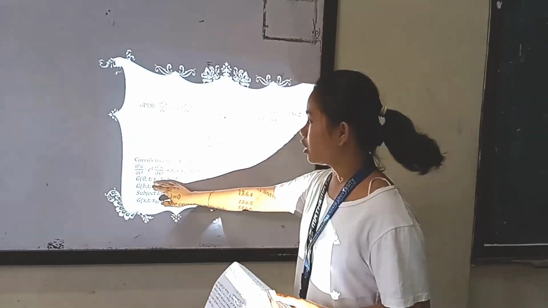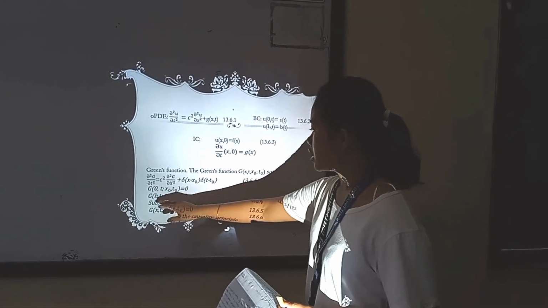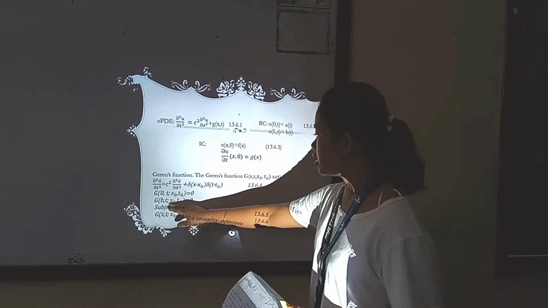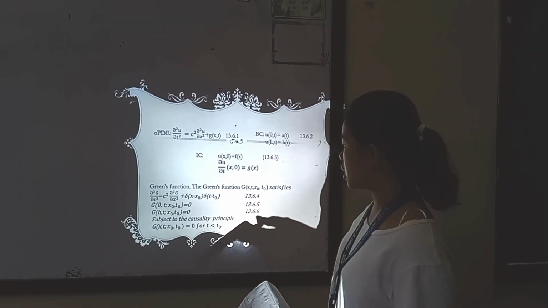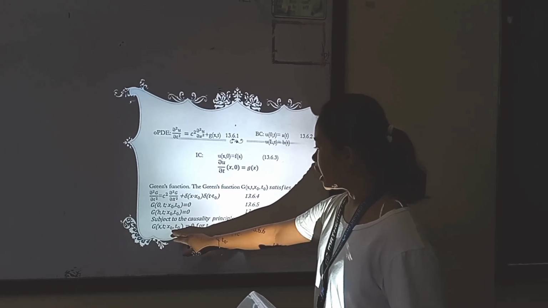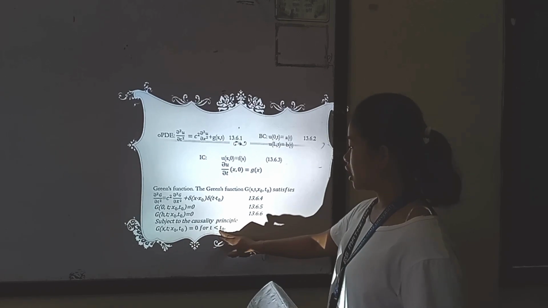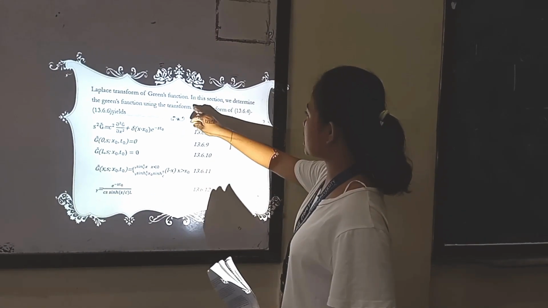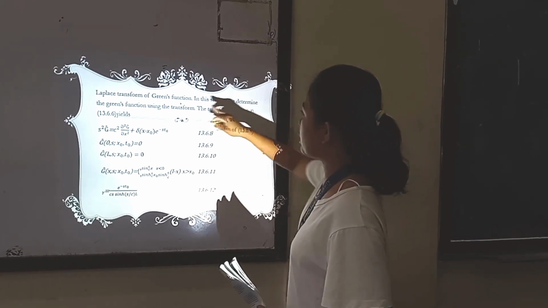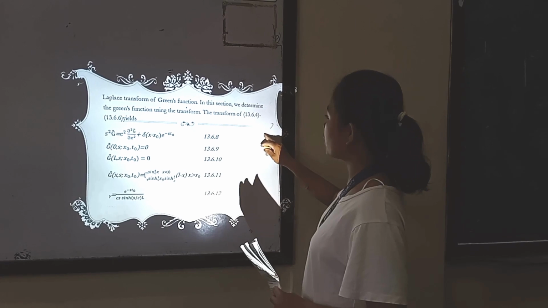G of 0, t; x naught, t naught equals 0. G of l, t; x naught, t naught equals 0. Subject to the causality principle, G of x, t; x naught, t naught equals 0 for t less than t naught. Laplace transform of the Green's function. In this section, we determine the Green's function using the transform of 13.6.4 and 13.6.6.